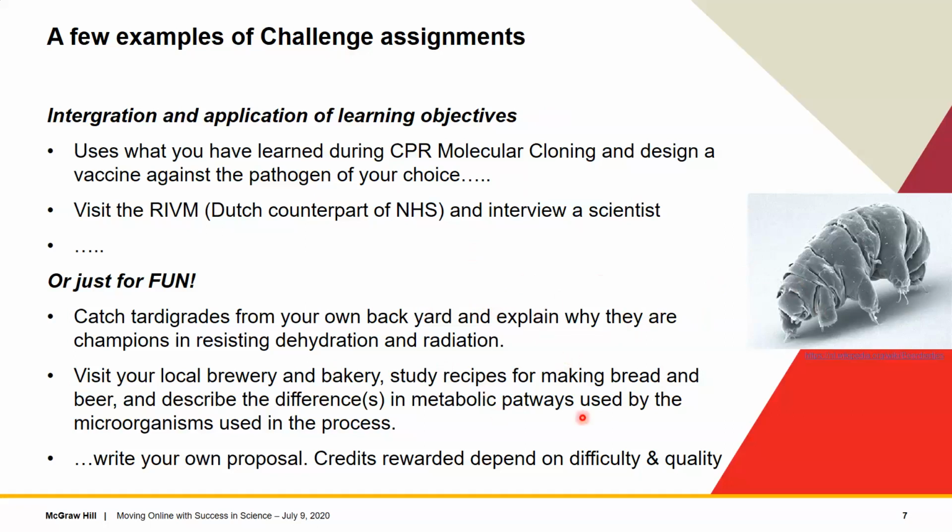But they can also visit their local brewery and bakery, study recipes for making bread and wine or beer. And then they have to explain the different metabolic pathways that the microorganisms use to produce CO2 or alcohol in these food components. But, and this is really fun, students can also write their own proposal.